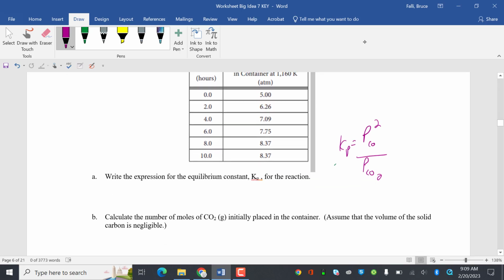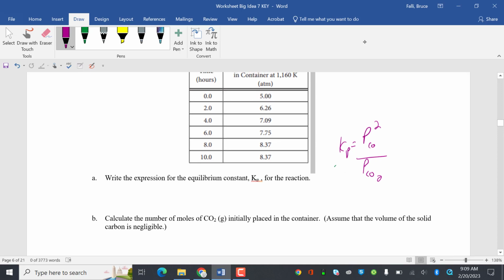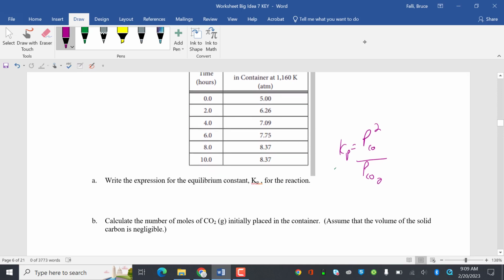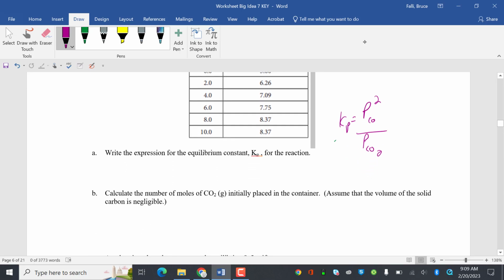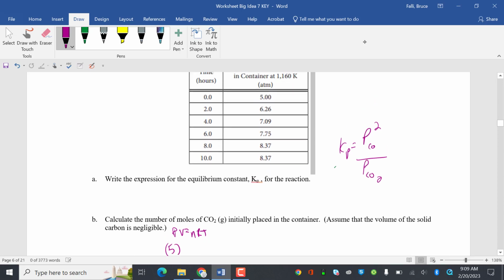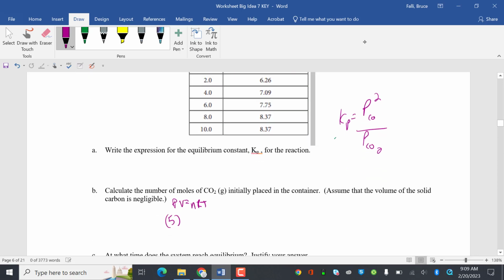Calculate the number of moles initially placed in the container. Assume the volume of the solid carbon is negligible. Okay, so number of moles of CO2 would be PV equals nRT. My pressure is 5. My volume was 2, I believe. Yep.